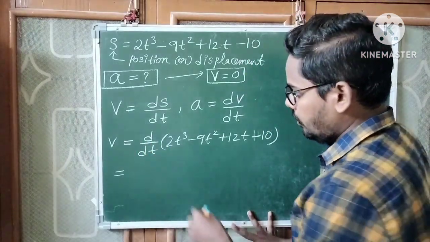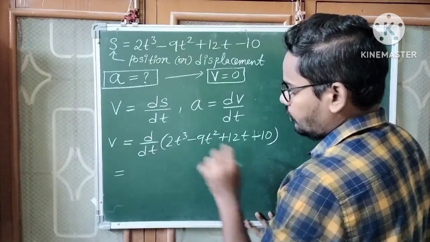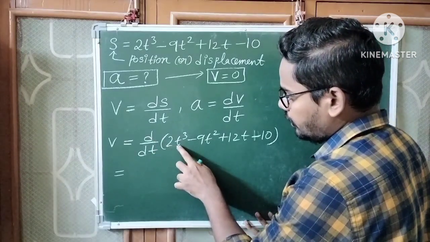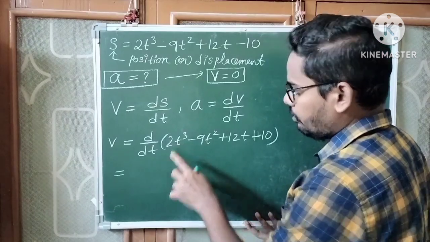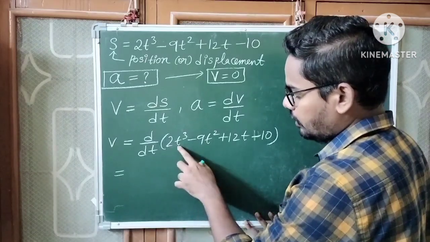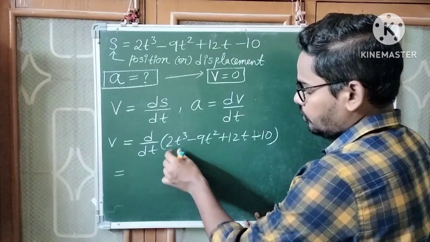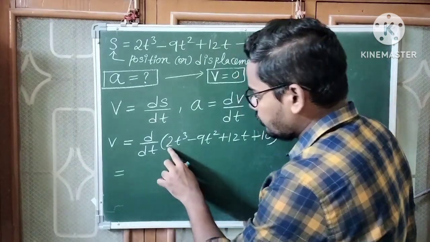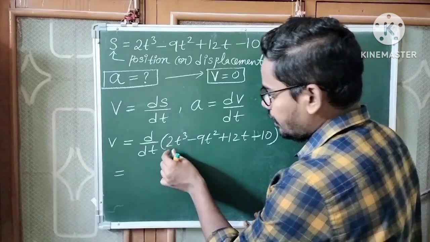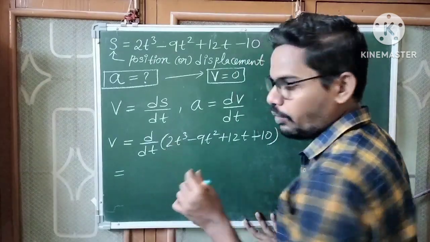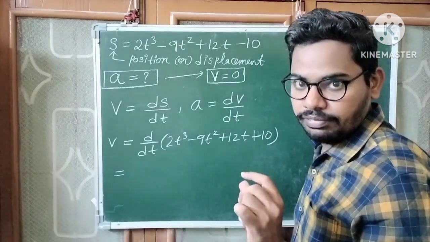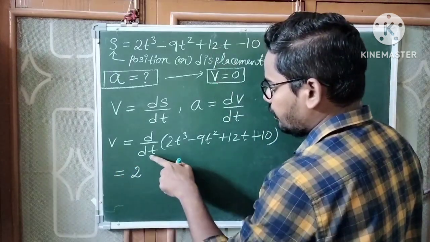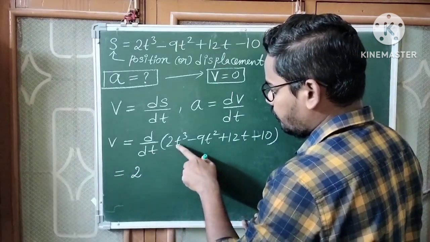Now, d by dt of 2t cube. See, here we have a product of constant and variable. 2 is constant, t is variable. So whenever we have a product of constant function and variable function, separate the constant and apply the derivative of the variable function.